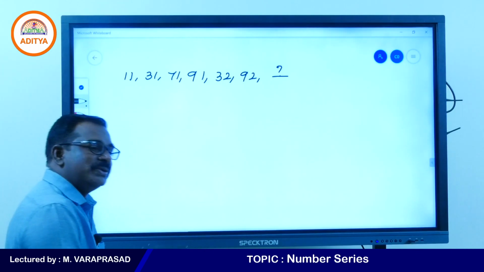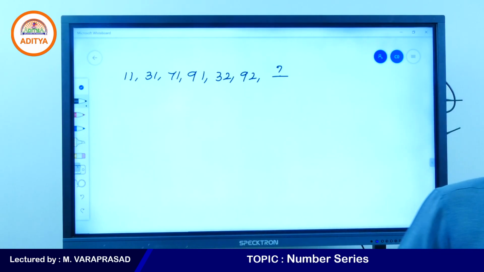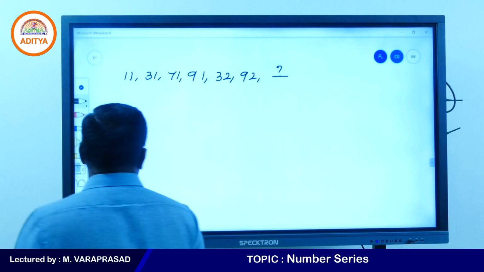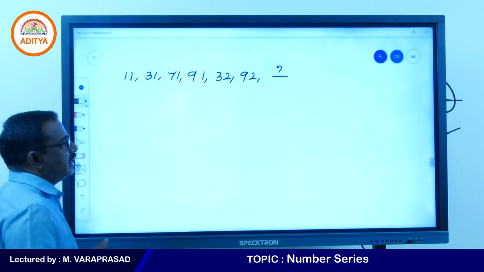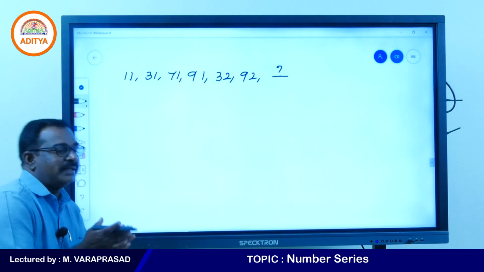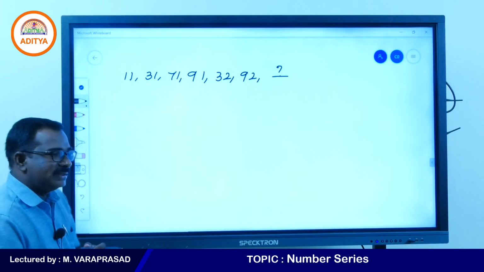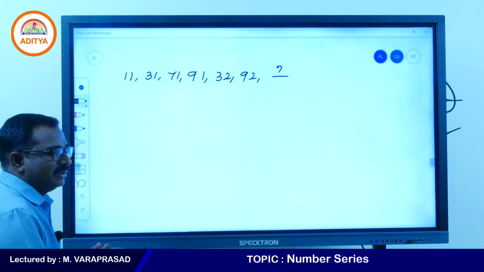What pattern is given here? 11, 31, 71, 91, 32, 92, and a question mark is given there. What will you get in the place of the question mark? Think once.